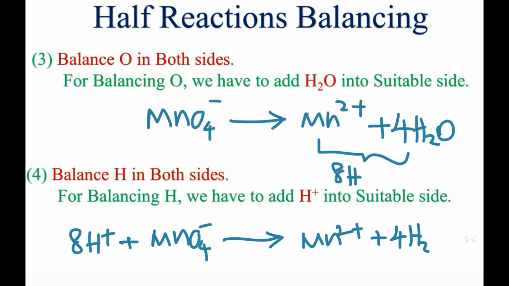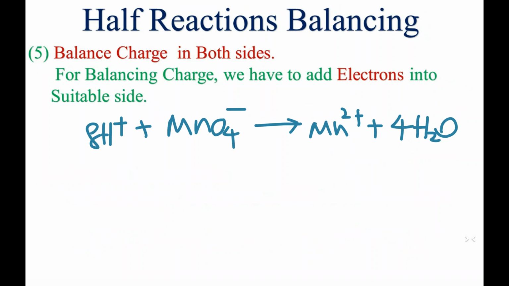Now we need to balance only the charge on both sides. Our last rule of balancing half reactions is balance charge on both sides. For balancing charge we have to add electrons to the suitable side. Now consider the charge of both sides.